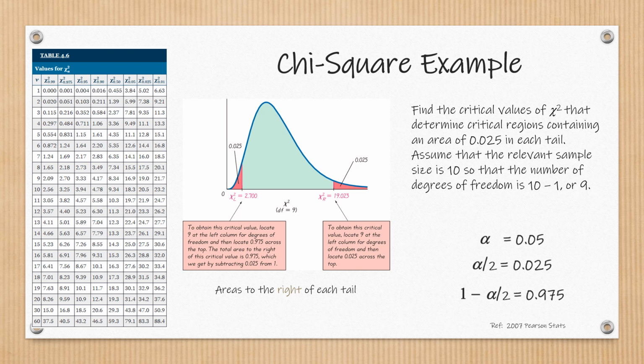On the left tail, we find in the table that when we have degrees of freedom of 9, chi-squared for 0.975 is 2.70, and the chi-squared on the right side is 19.0.